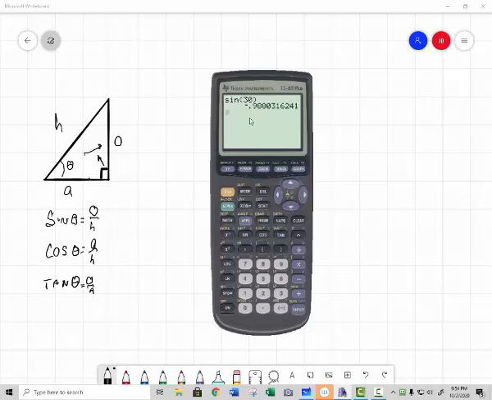Now I know that the sine of 30 isn't a negative 0.9. I know that. And the problem is that there's two ways to measure this angle. You can measure it in something called radians, or you can measure it in degrees. Now what we have to do is make sure that our calculators are set to degrees.